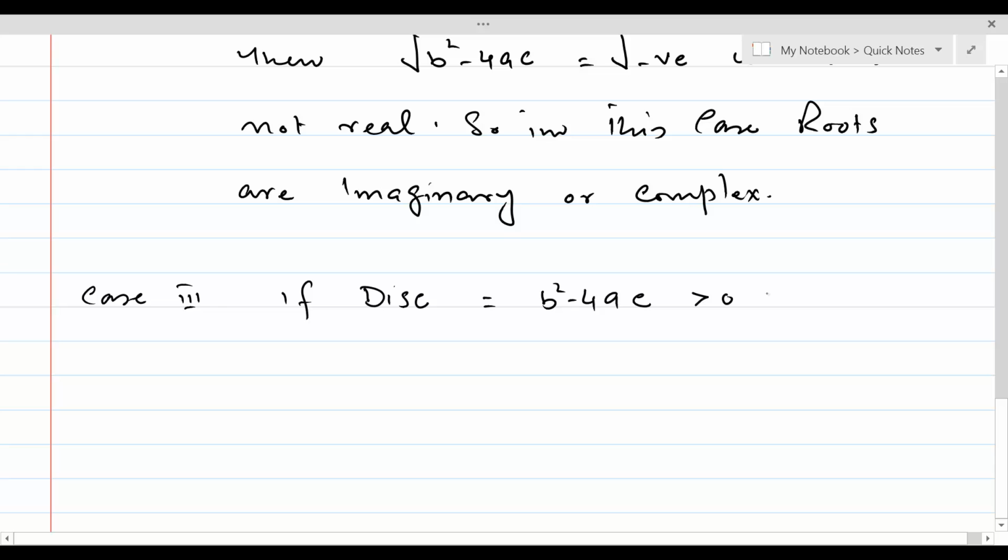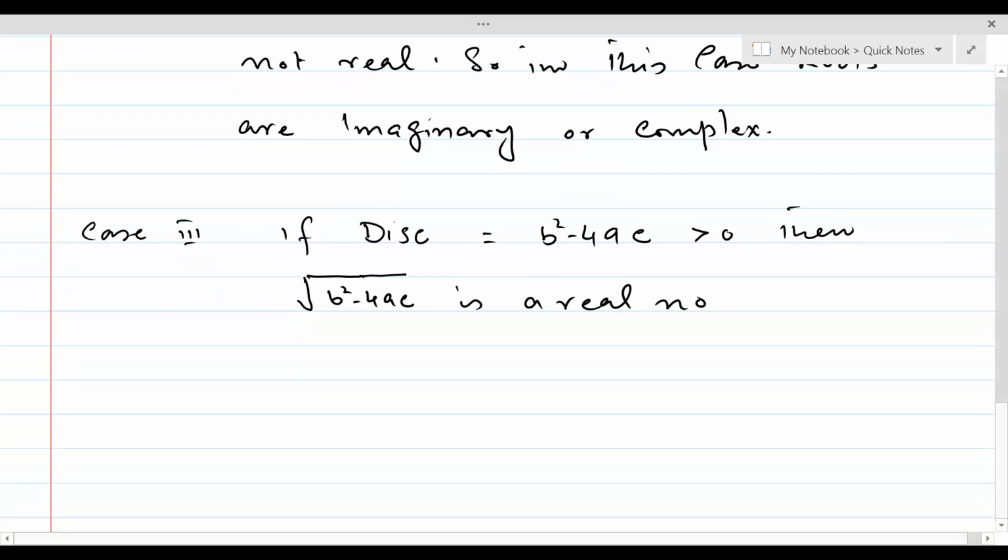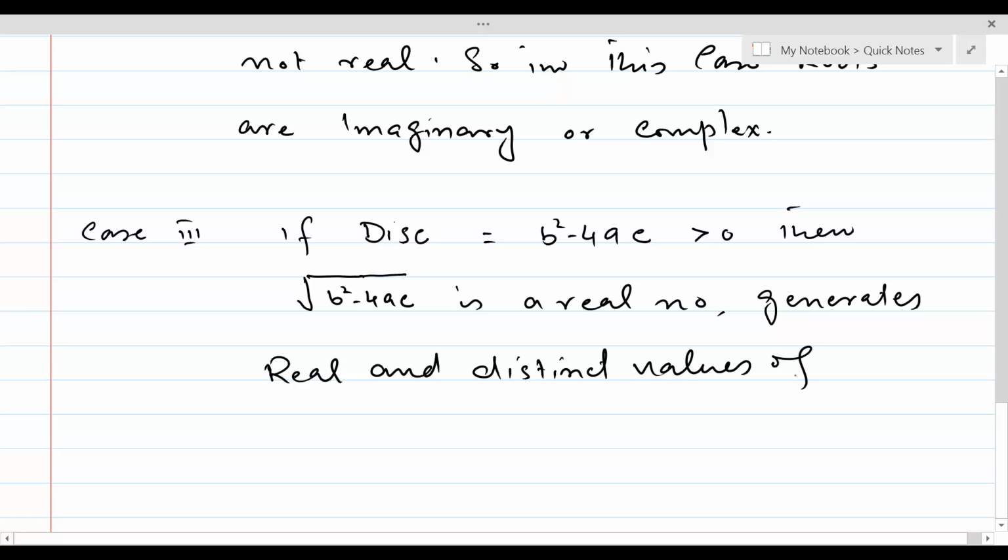Then this positive number inside the square root is a real number, and this generates real and distinct values of x.